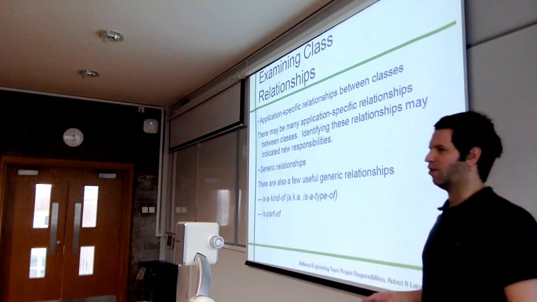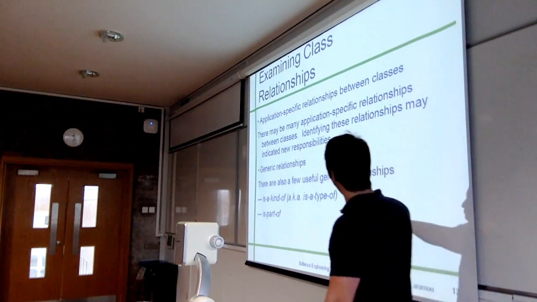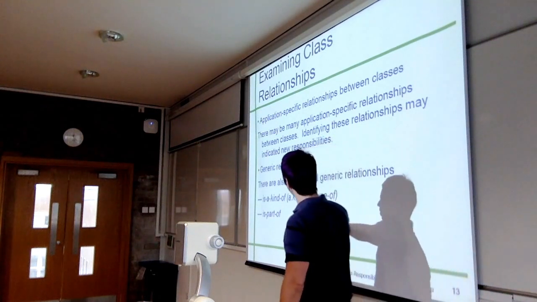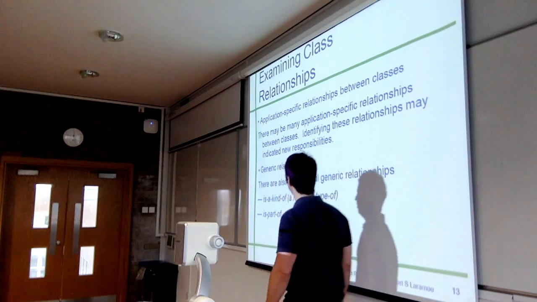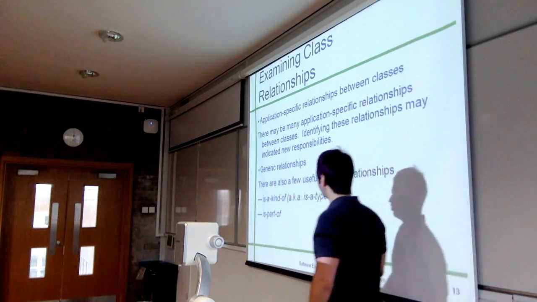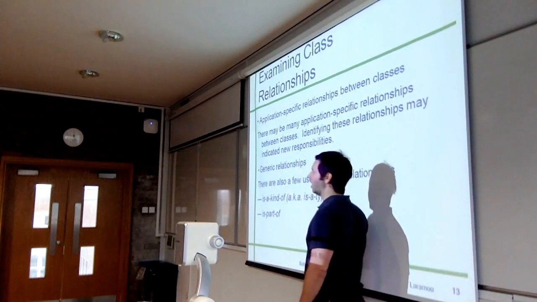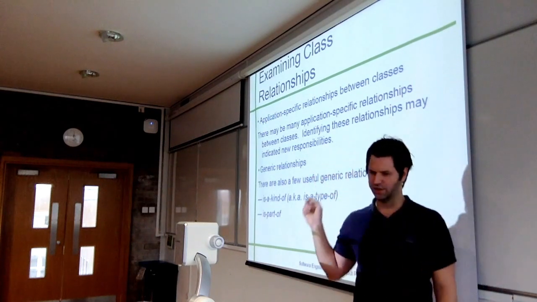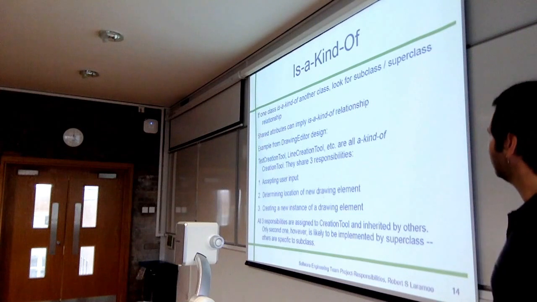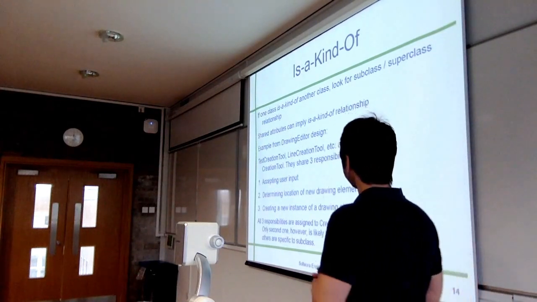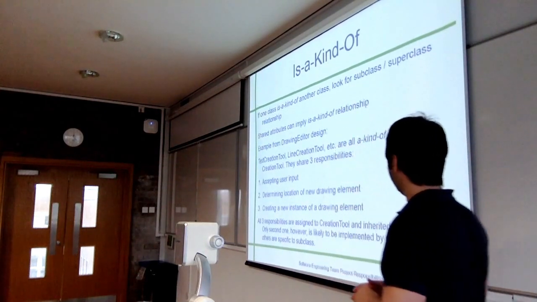Right, a drawing is, or a line. A line is a part of a drawing, for example. And the selection tool is a kind of tool. So we already saw these two relationships in the first exercise. Let's talk about these in a little bit more detail.